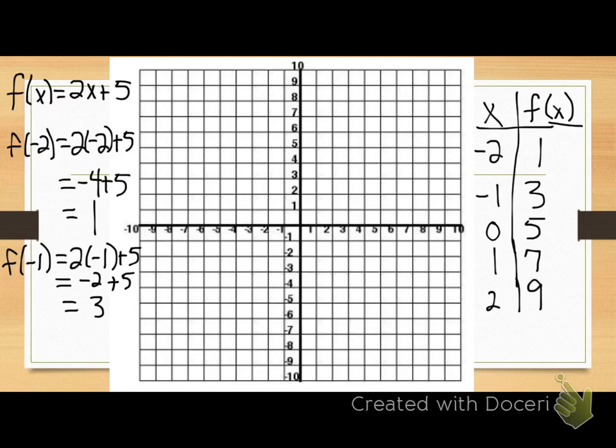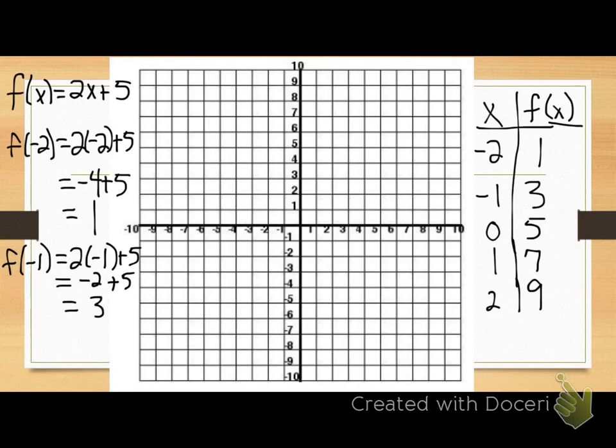Everyone okay with that? I want you to have at least 5 values to plug in. Like I said, it does not matter which x values you pick because our domain is all real numbers. But generally, we like to pick numbers that will usually help us out or are easy to plug in.